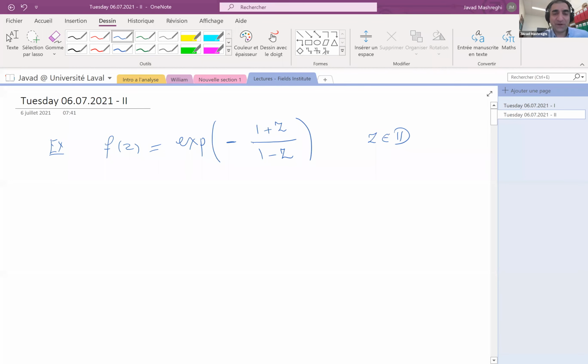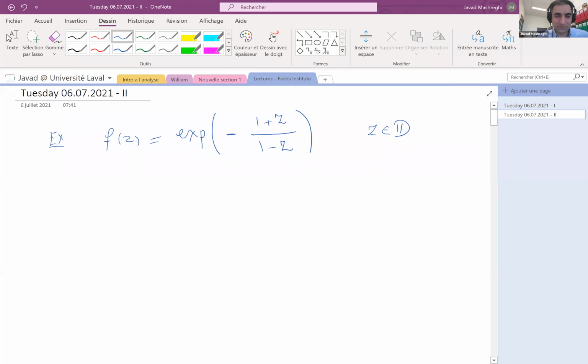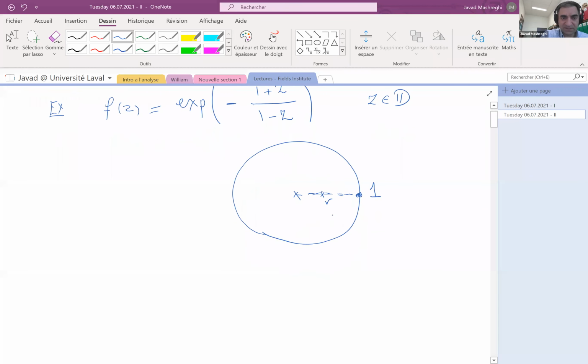So this function is defined on the open unit disk. It is very simple to see that when we approach the point 1 on this radius, so here is r, when we consider f of r, which is exponential minus (1 plus r) over (1 minus r), the limit of f of r as r goes to 1 from below is 0, because this part explodes to plus infinity with minus in front, it becomes 0.